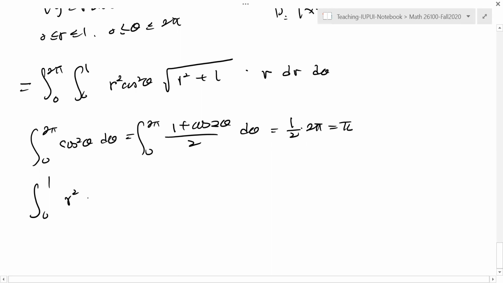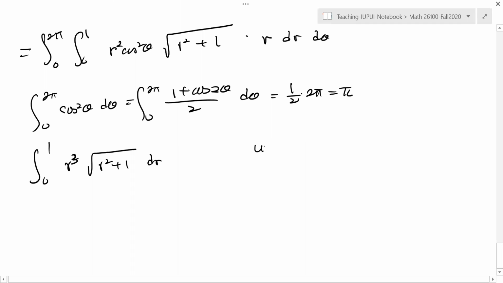The integral of r squared, so actually it is r cubed. This, you can use a substitution. So du equals 2r dr, okay? And that is going to be, here it's from 1 to 2, and u to the 1/2.